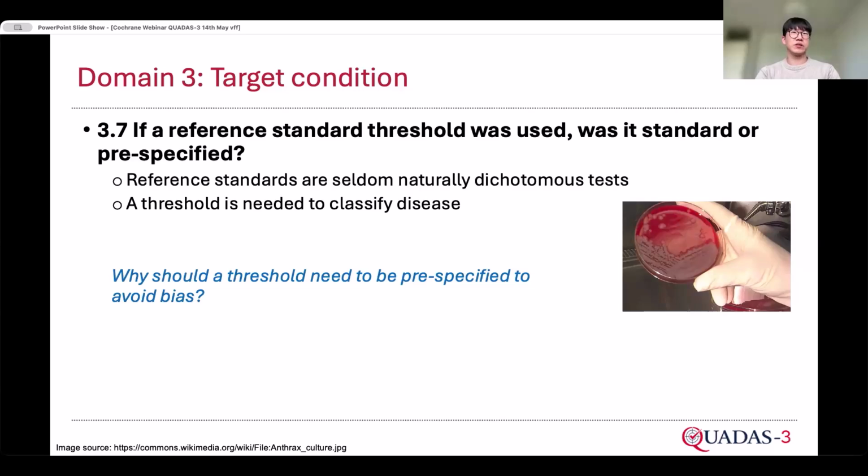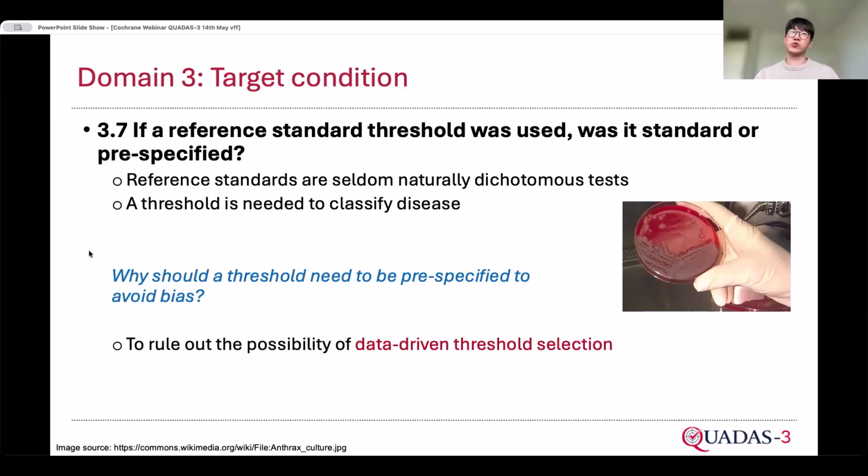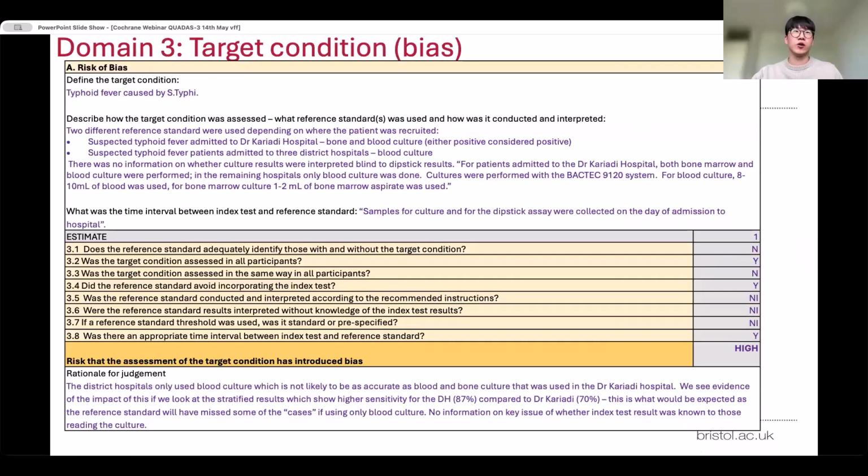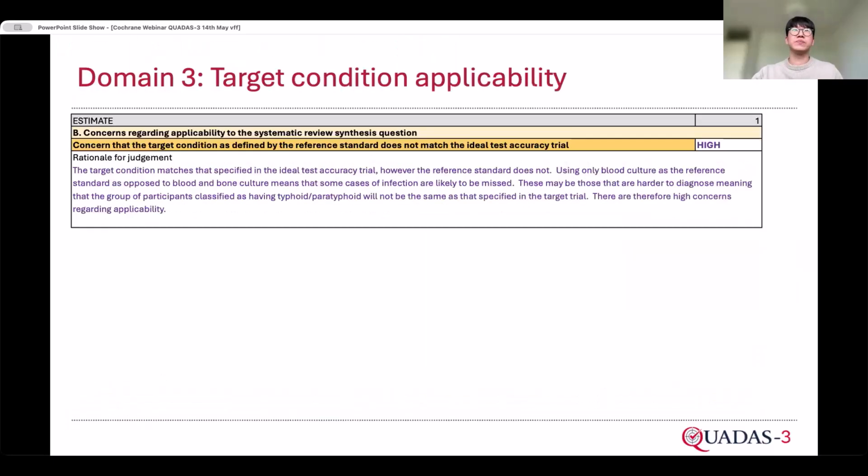And then there is the risk of selectively only reporting the data set that you think fits your hypothesis. So this is to rule out the possibility of a data-driven threshold selection. I'll be skipping this in the interest of time.